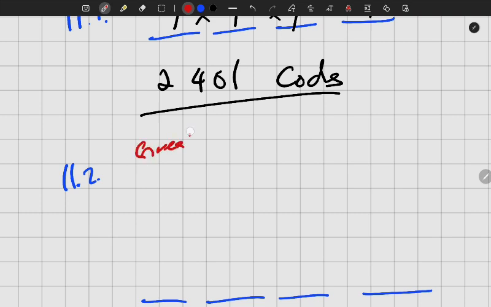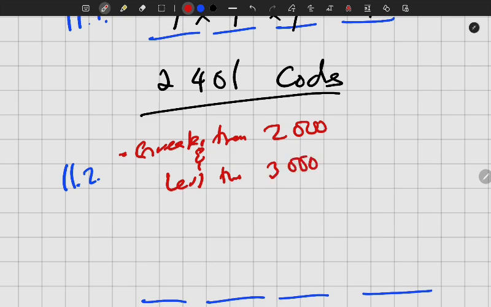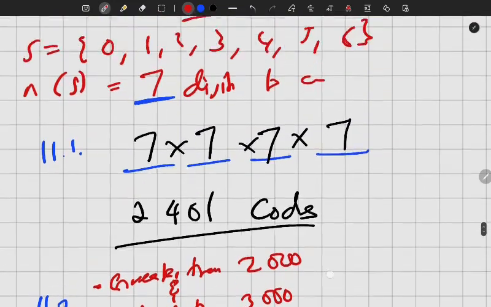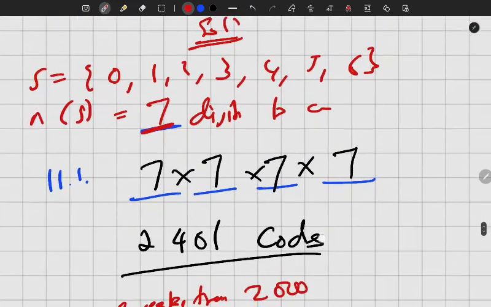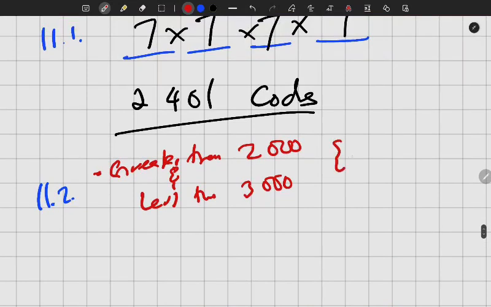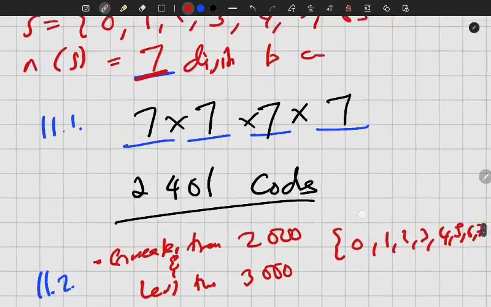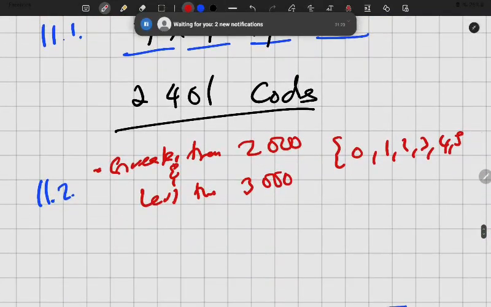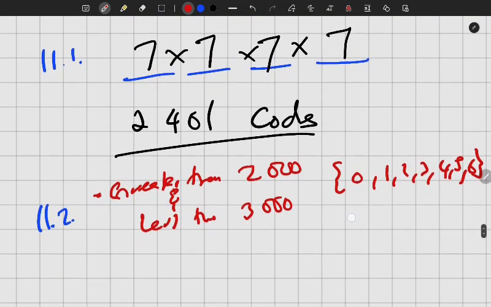We know that we are choosing from 7 digits, so let's put those down: 0, 1, 2, 3, 4, 5, 6. But now it must be greater than 2000.